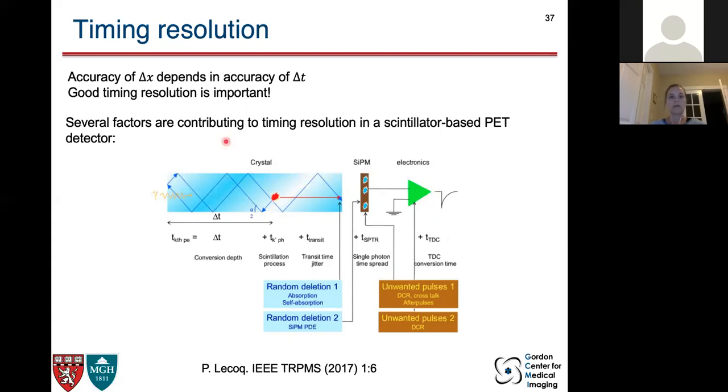So all of these will contribute to time resolution. This is a very hot topic in research, to try to achieve detectors with better and better timing resolution, because it's going to translate to better spatial resolution and better image quality in your final PET image. You would need to do optimization in all of these steps for the best performance.